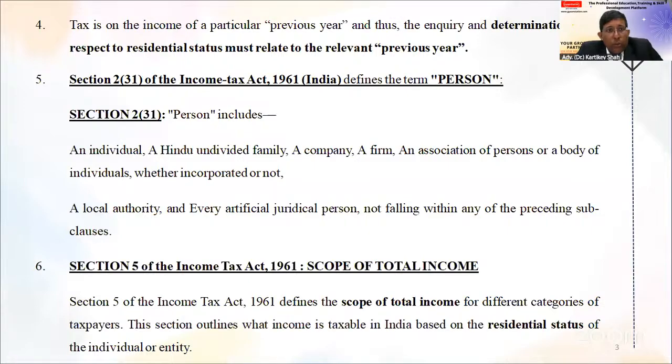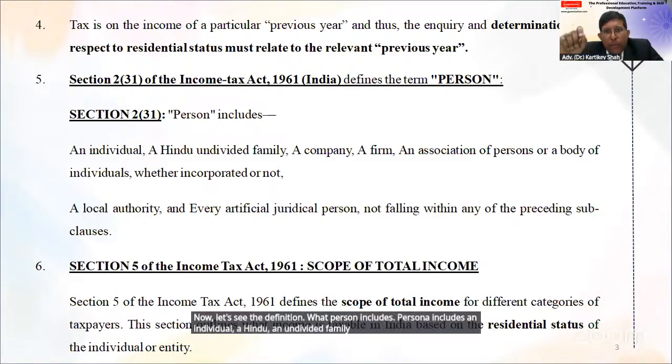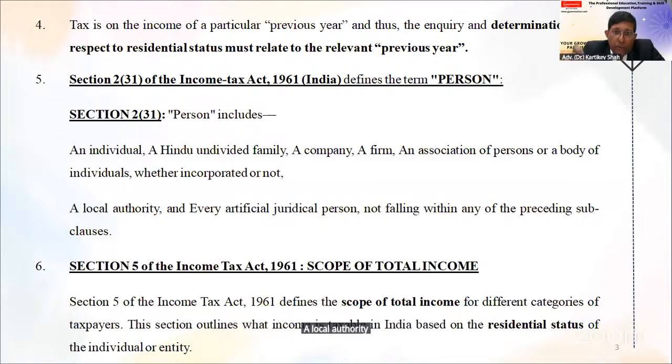Section 2(31) of the Income Tax Act 1961 defines the term person. Now let's see the definition. Person includes an individual, a Hindu undivided family, a company, a firm, an association of persons or a body of individuals, whether incorporated or not, a local authority, and every artificial juridical person not falling within any of the preceding sub-clauses.